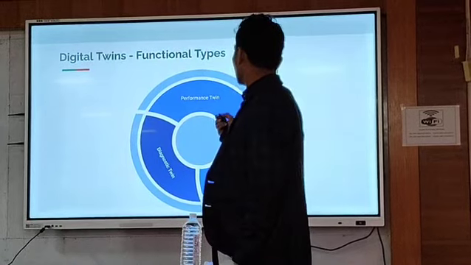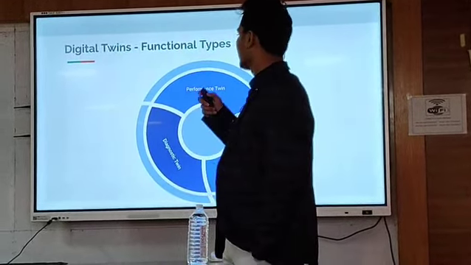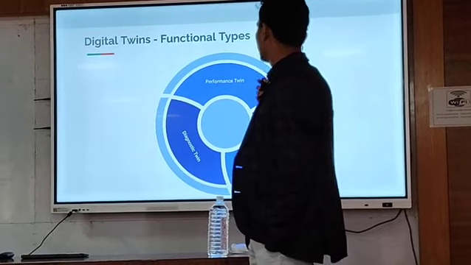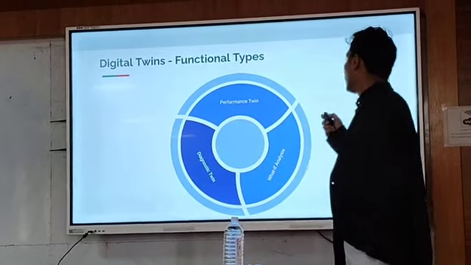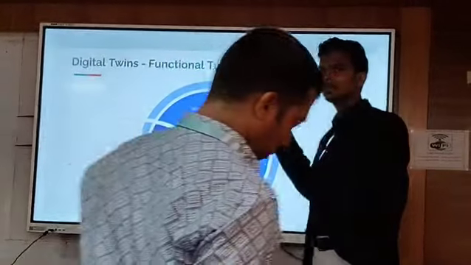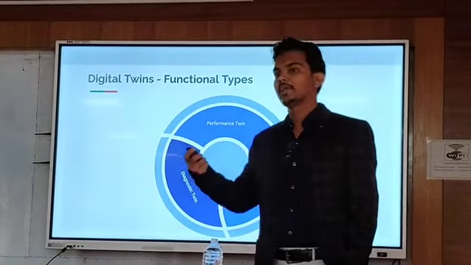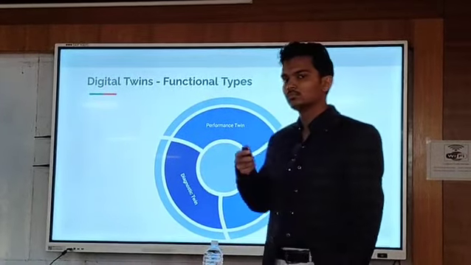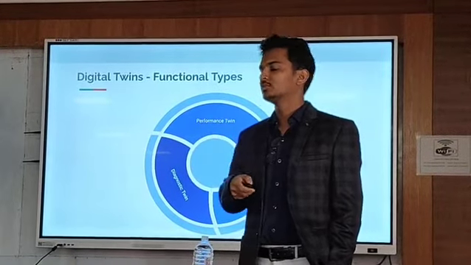So this is with respect to predictive maintenance especially. We have a diagnostic twin, a performance twin, and a what-if analysis. So how do we segregate them? A performance twin would monitor performance-related KPIs. So something like efficiency would come under the purview of a performance twin.